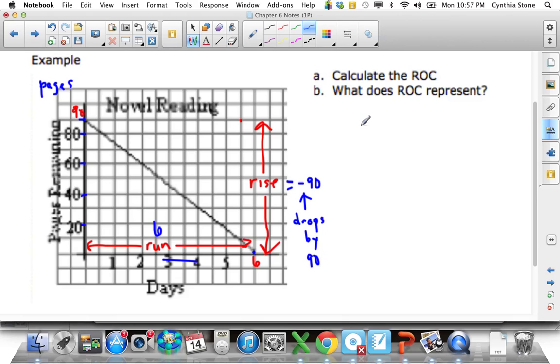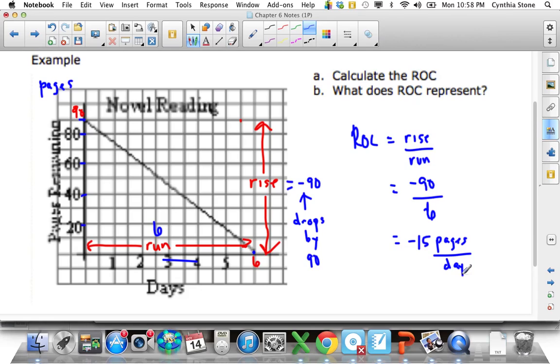So the rate of change equals rise over run, equals negative 90 over 6. Don't use a calculator, 6 goes into 90, 15 times. So negative 15. And the unit is pages per day.